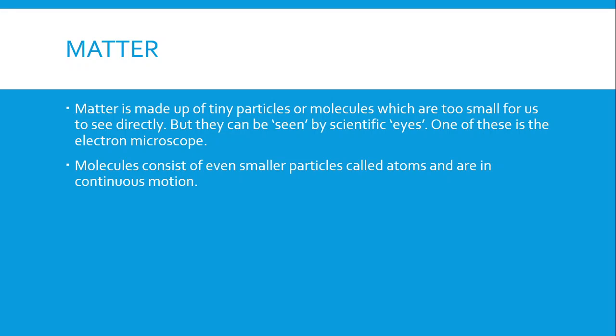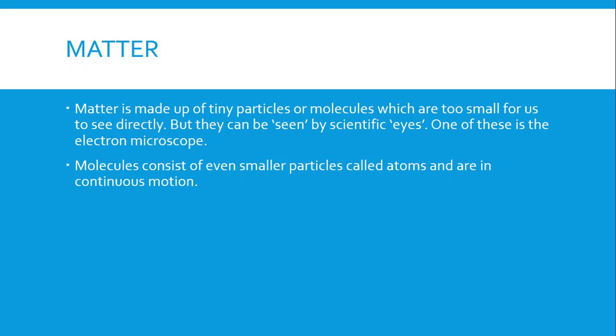So what exactly is matter? Well, matter is made up of tiny particles or molecules which are too small for us to see directly, but they can be seen by scientific eyes that are microscopes. And one of these is an electron microscope.